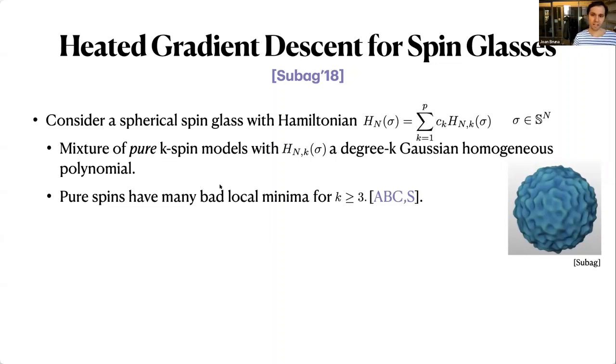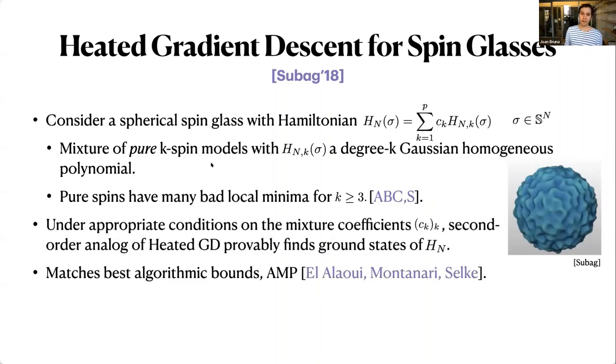The pure spins have very bad local minima, and we know this from the work by Ben Arous and Auffinger, and also the work by Eliran. Interestingly, Eliran a few years ago proved that for appropriate conditions on the mixture coefficients, which relate to something quite magic, the Parisi formula, we can prove that basically the same algorithm that I described as heated gradient descent, but now run on the Hessian, works.